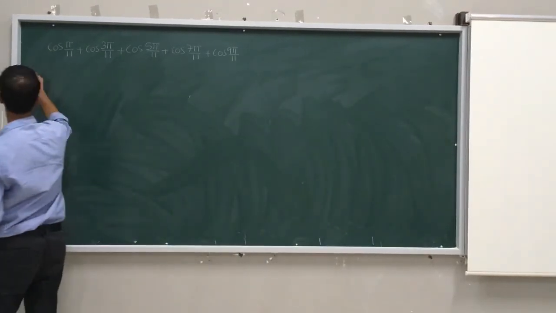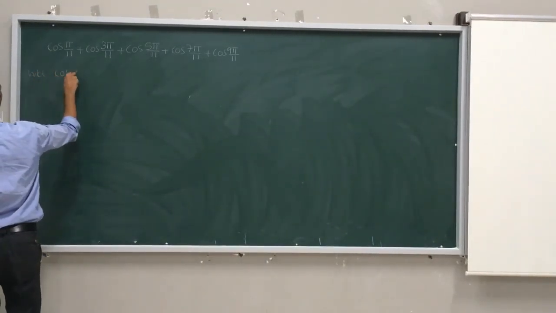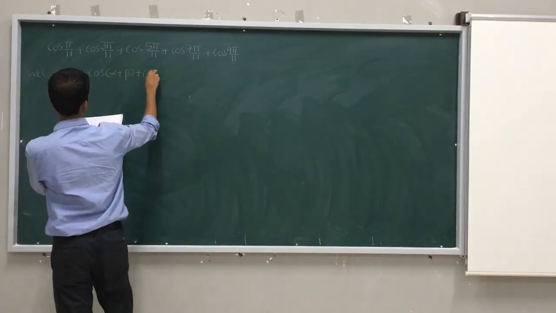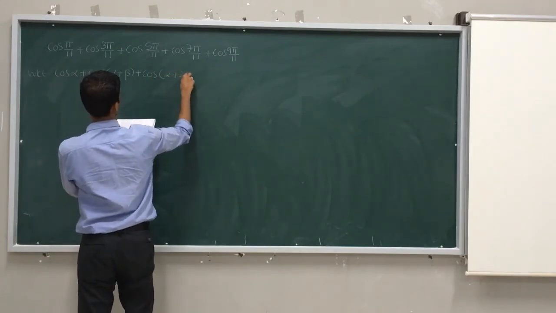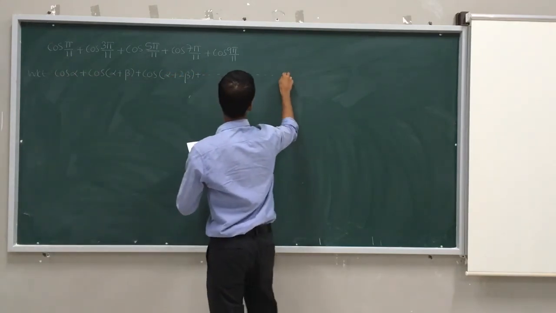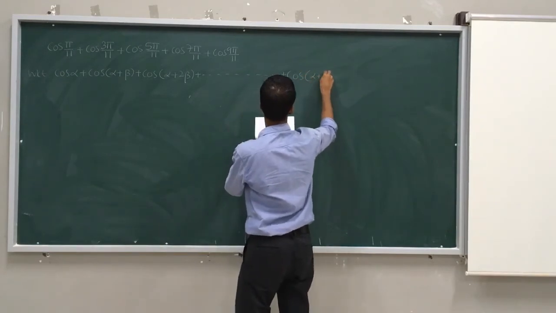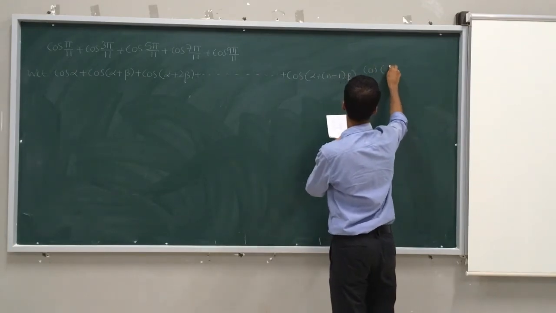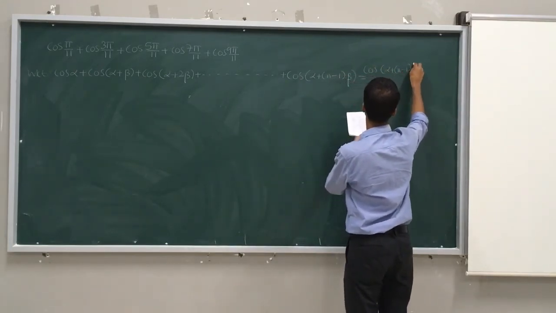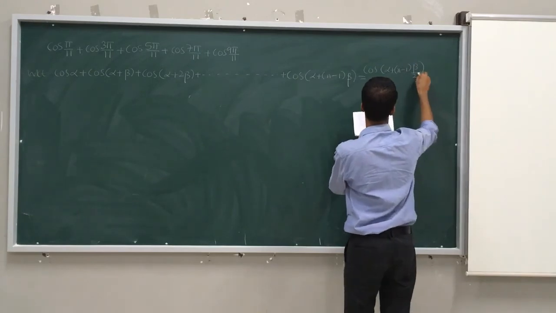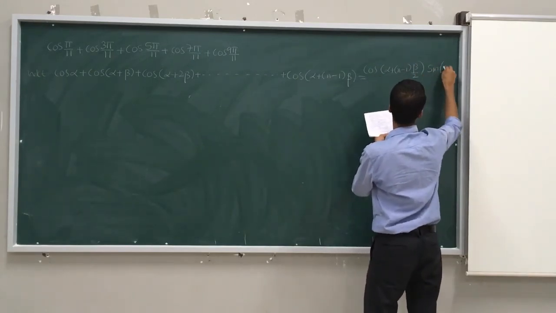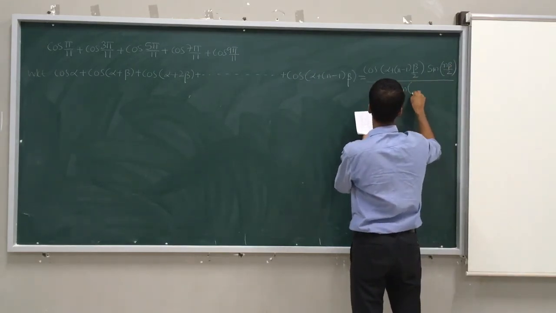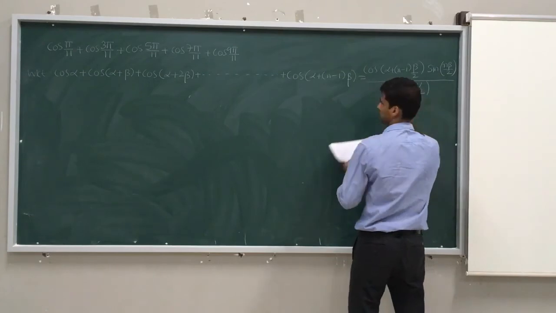What is given? We know that cos alpha plus cos alpha plus beta plus cos alpha plus 2 beta, up to cos alpha plus n minus 1 beta, is equal to cos alpha plus n minus 1 into beta by 2, into sin n beta by 2 divided by sin beta by 2.